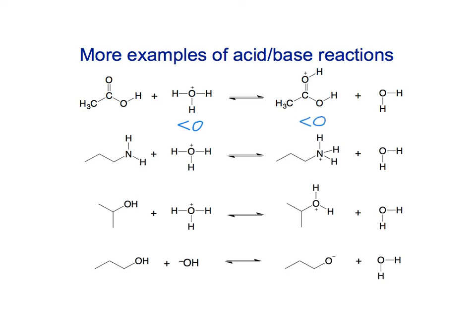So from our ballpark estimate here, we would essentially just get a mix of products and reactants. The equilibrium would lie somewhere in the middle. We could probably dig out these pKa values in more detail, but we'll just go from our general ballparks right now.